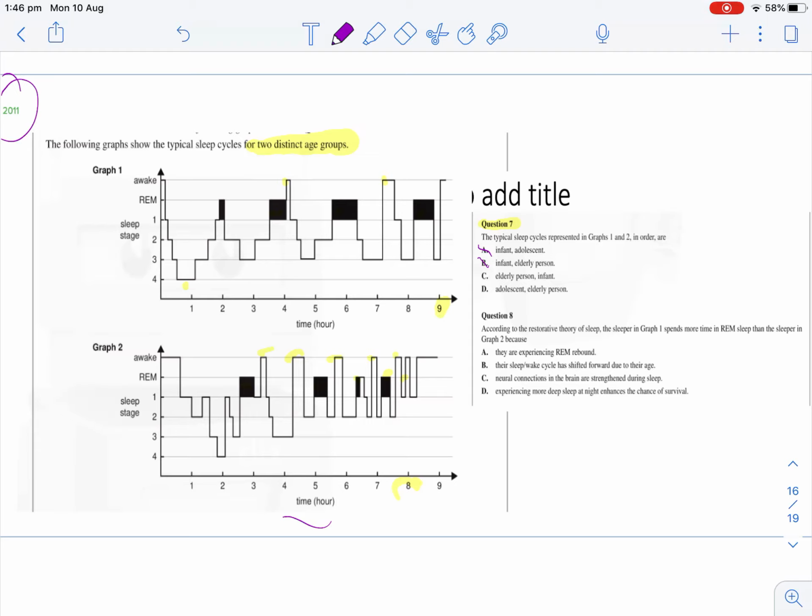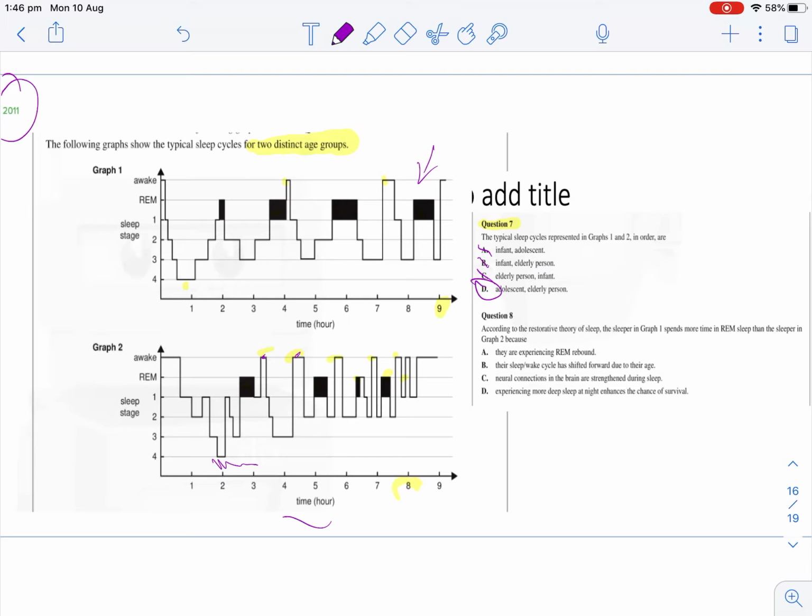C, the first one here being an elderly person or an infant, well, we already discovered it's not an infant, which leaves us with D, which we know is typical for an adolescent, graph 1, and graph 2, because of all these brief awakenings and not much deep sleep here, we know that the answer is going to be D. So first one's an adolescent, second one's an elderly person.